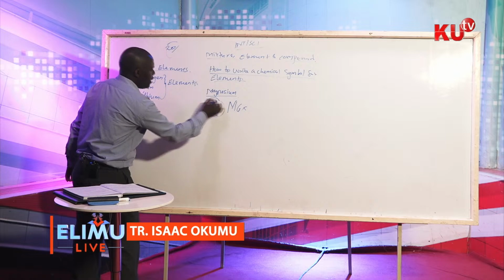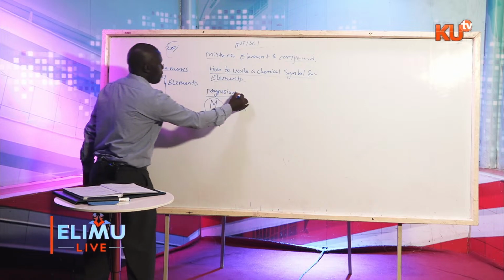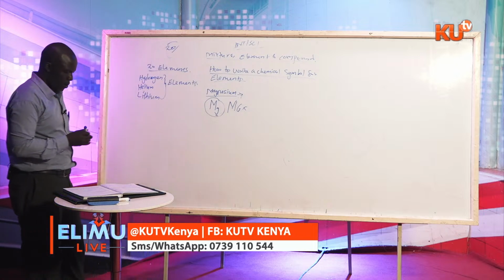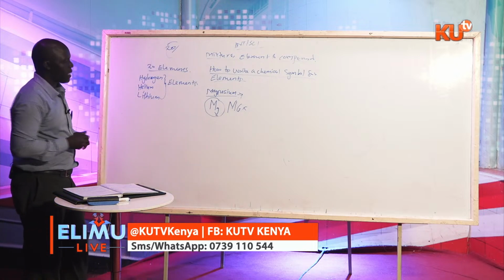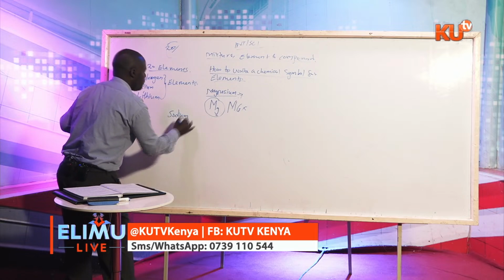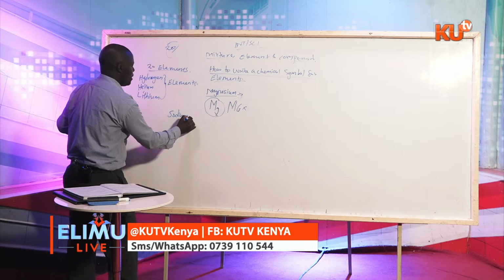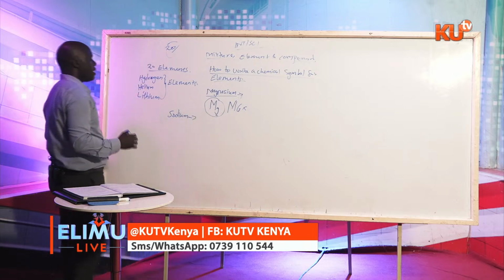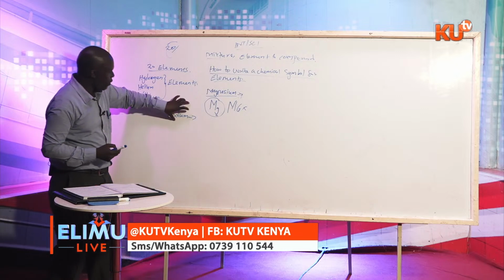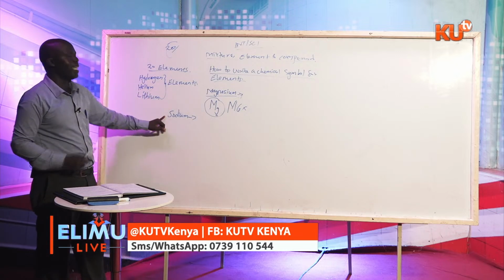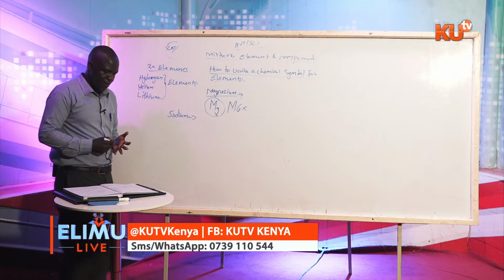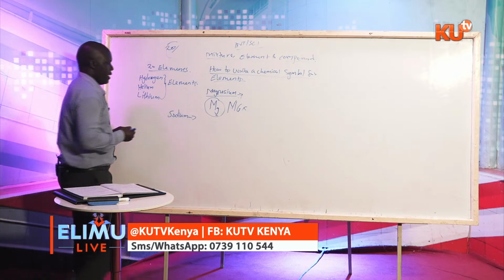Now, this one here is M because magnesium derives its chemical formula from the English name. But when we talk about the one like sodium, we realize that the chemical formula is different because sodium derives its chemical formula from its Latin name. And therefore, the Latin name for sodium is what we call natrium.